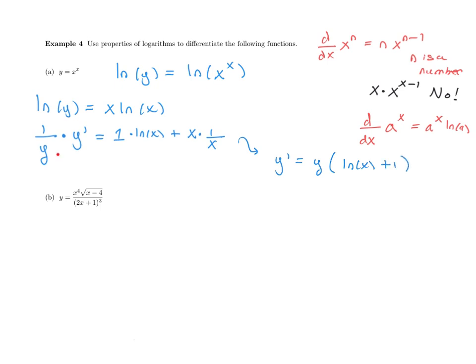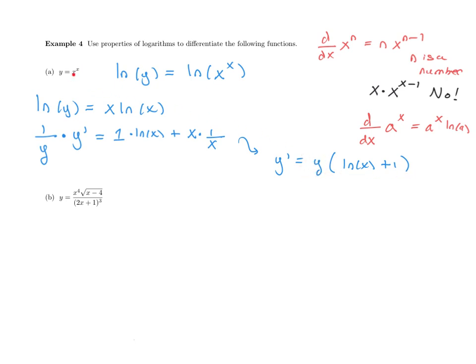So I took this y, I multiplied it to the whole side of this equation. This I just wrote as the natural log of x, and x times 1 over x is the same thing as 1.